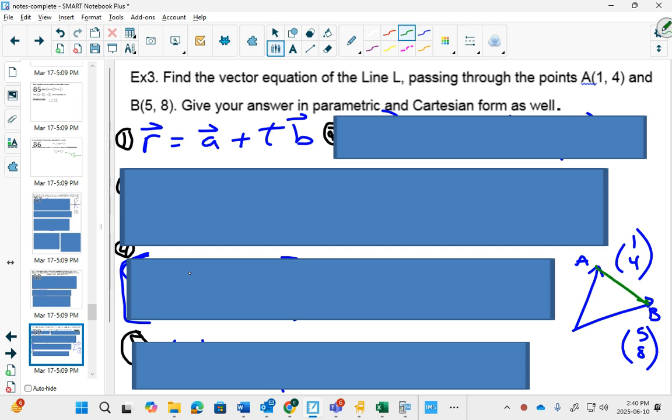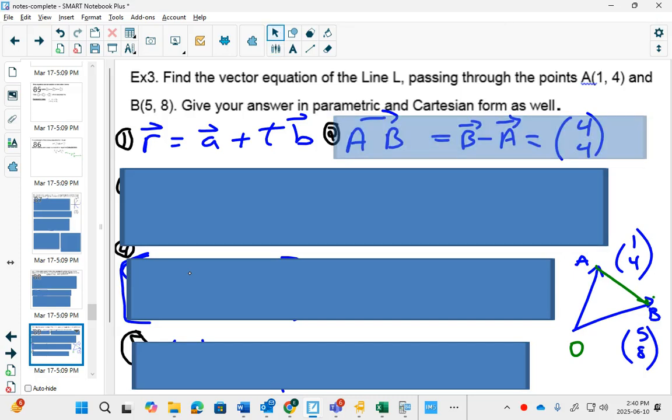This is your direction vector from A to B or from B to A. How would you get that? Right, here's your origin. If I wanted to go from A to B, I could go back to the origin, which would be negative of this one, and then go from the origin to B, which would be plus this one. So A to B would just be B minus A, which is (4, 4).